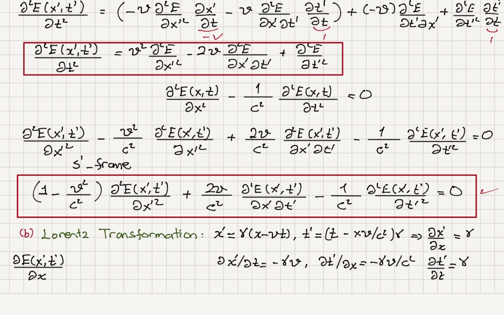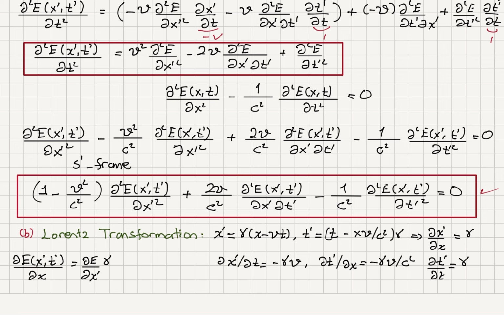That's going to be del E del x prime times del x prime del x, which is gamma, so this is multiplied by gamma.